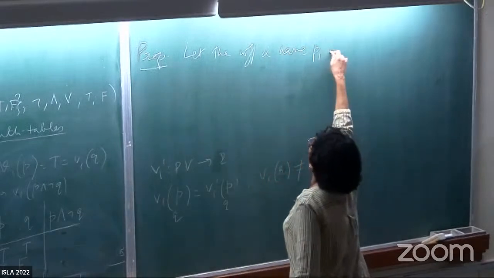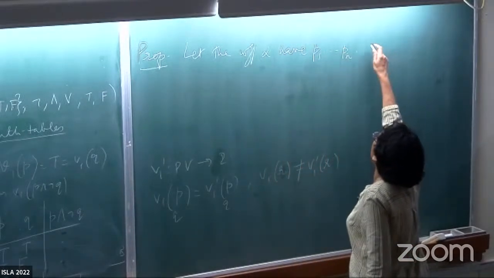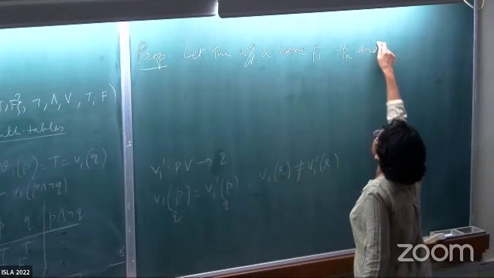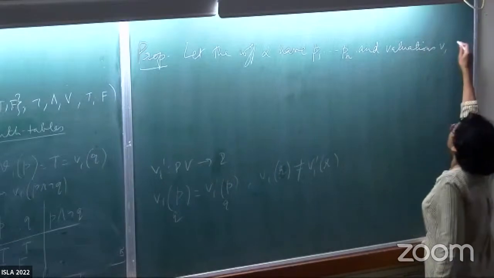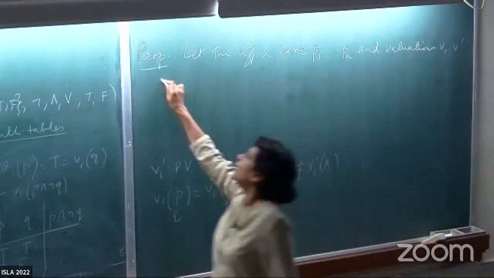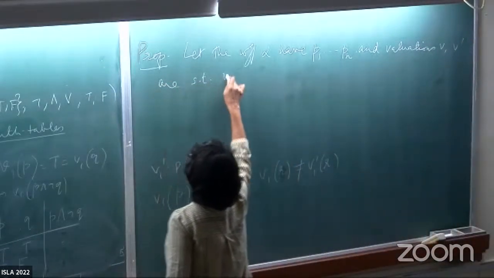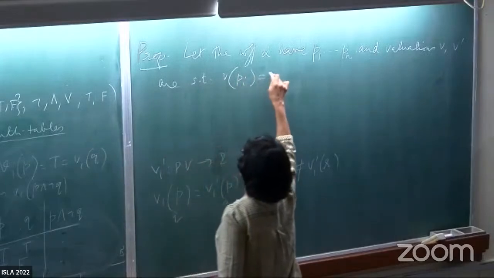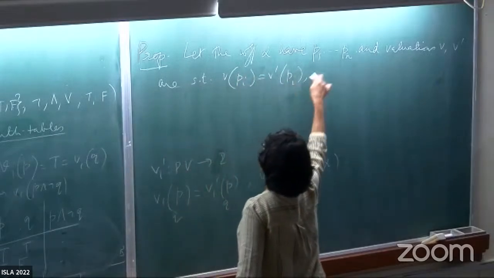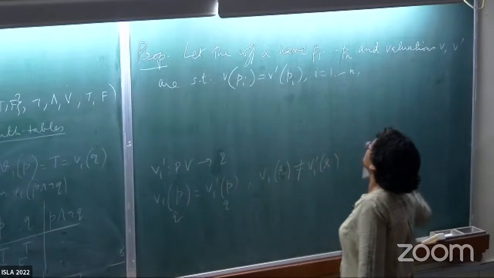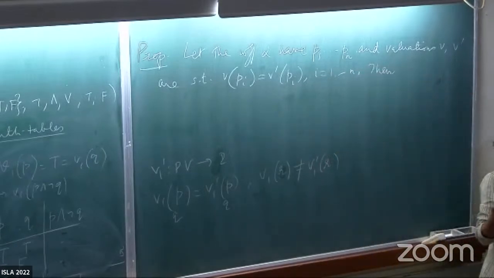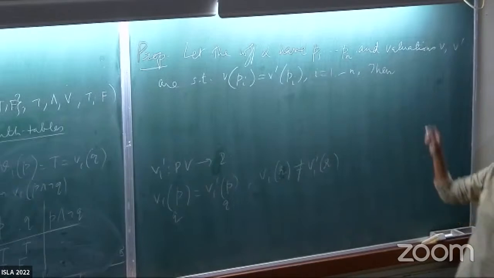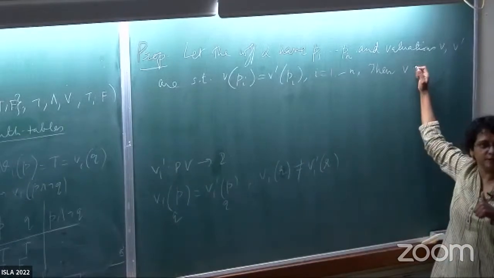Suppose alpha has the propositional variables P1, P2, up to Pn, and the valuations V and V dashed are such that V of Pi is the same as V dashed of Pi for all these. Then what are we concluding, in terms of the valuations?